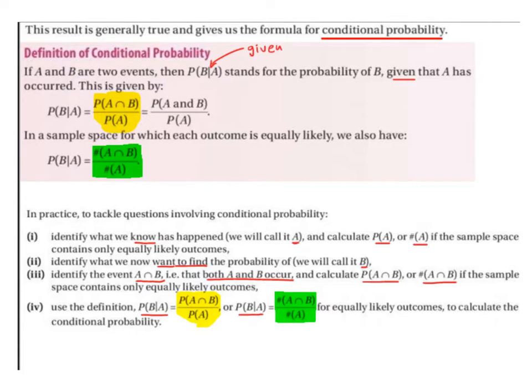Whereas if the question had said the probability of A given B, the probability of B would be the denominator.